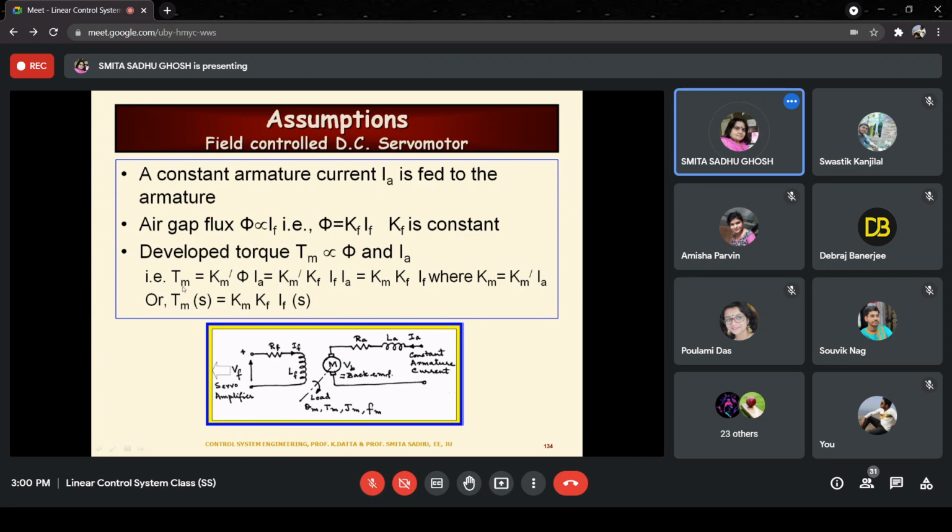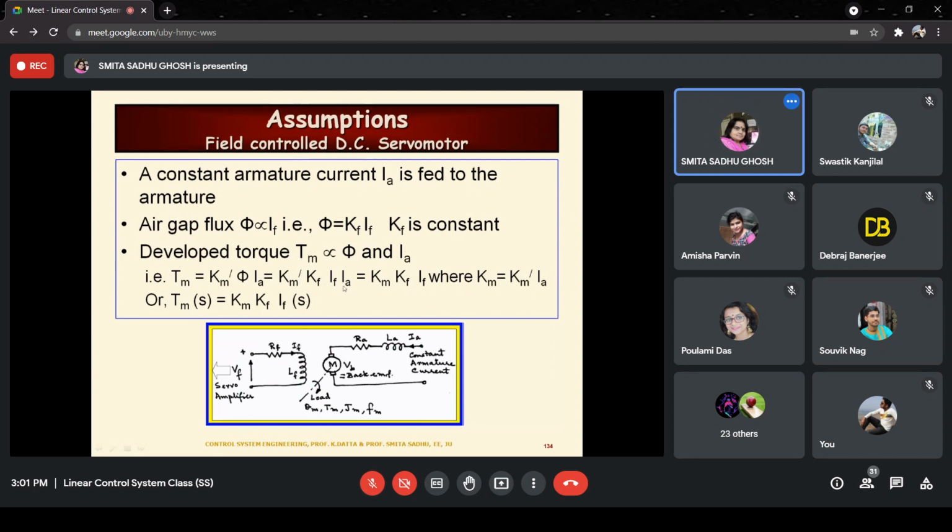So this is what we get as the developed torque in the motor. Now, we are going to replace phi by kf If, because we've assumed that phi is proportional to If. So Tm becomes equal to Km prime kf If Ia, right?